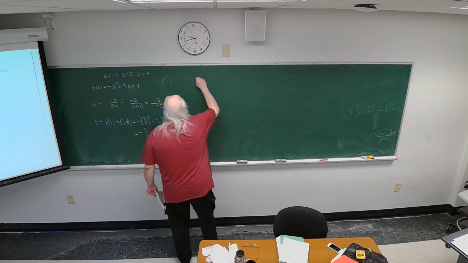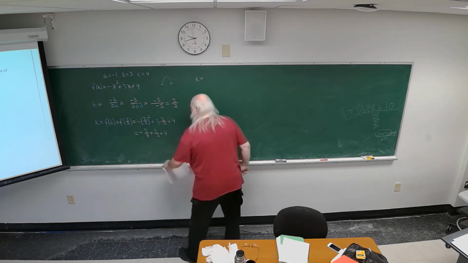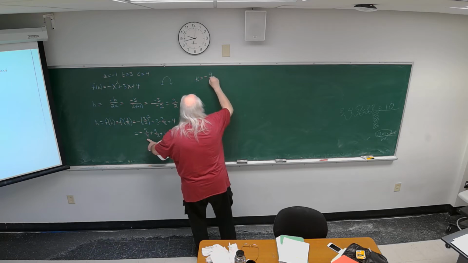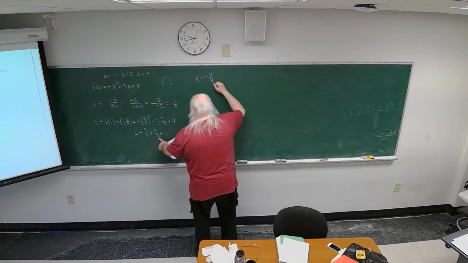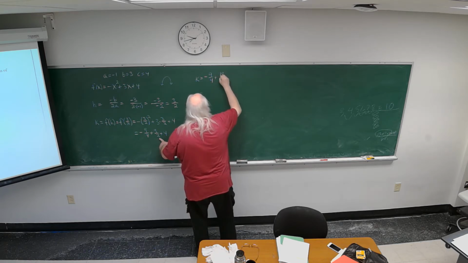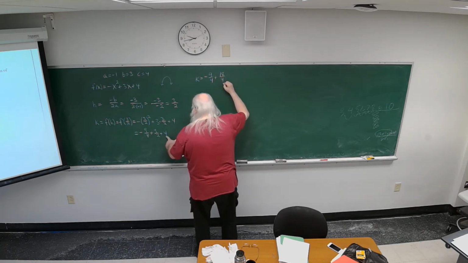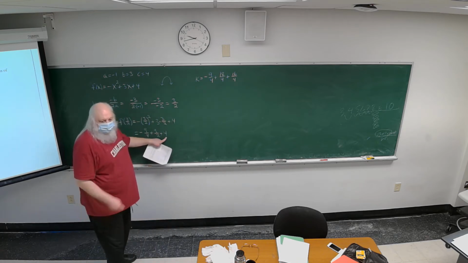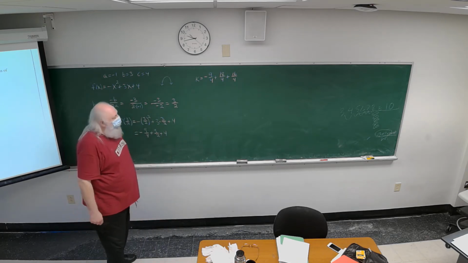So k, now we got to do the common denominator. The common denominator is 4. So we have minus 9/4. 9/2, multiply top and bottom by 2. So we get 18/4. And then 4 is the same as 16 divided by 4, right? 4 is equal to 4 over 1, and you multiply top and bottom by 4, you get 16 over 4.